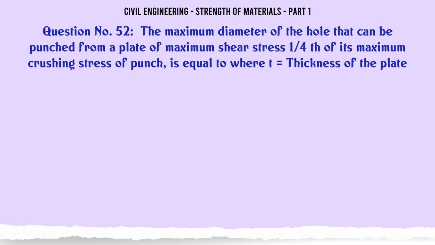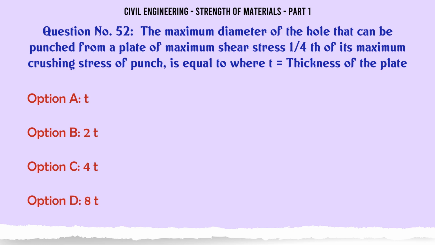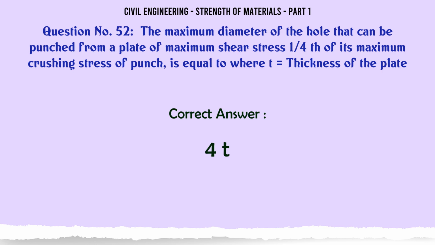The maximum diameter of the hole that can be punched from a plate of maximum shear stress one-eighth of its maximum crushing stress of punch is equal to, where t is the thickness of the plate: A. t, B. 2t, C. 4t, D. 8t. The correct answer is 4t.